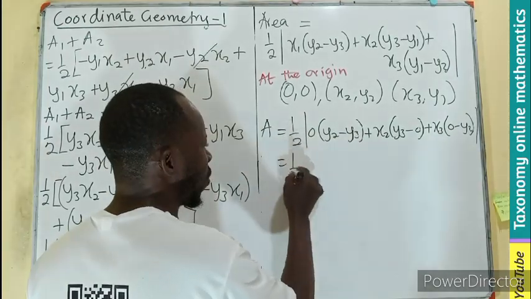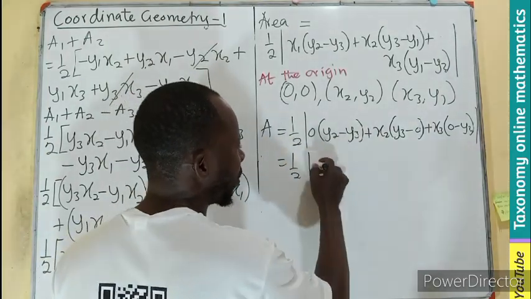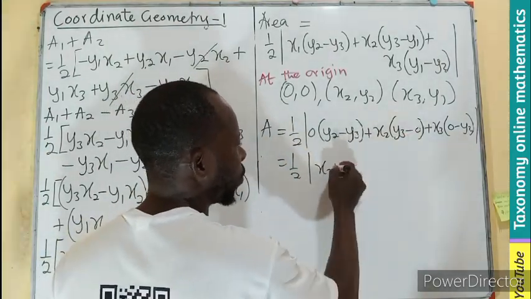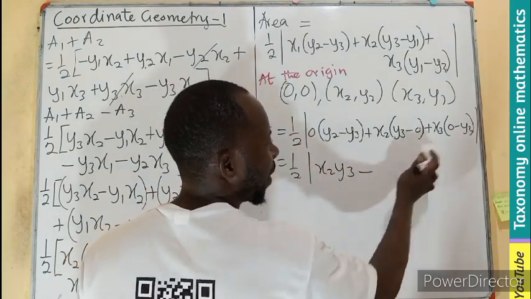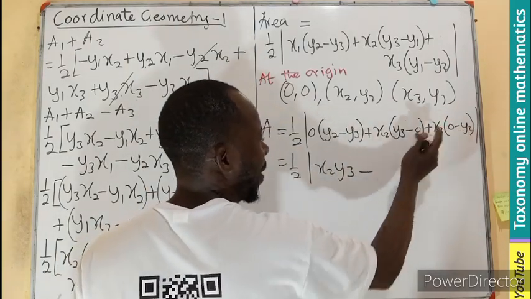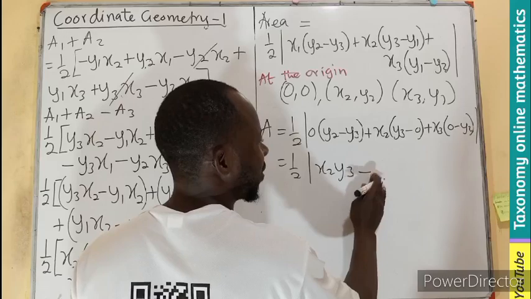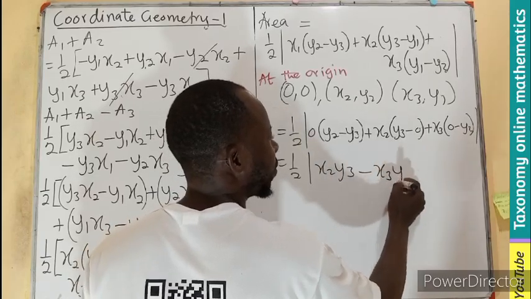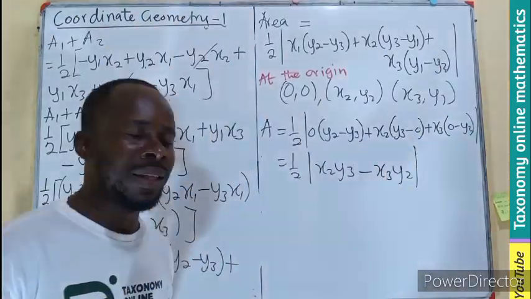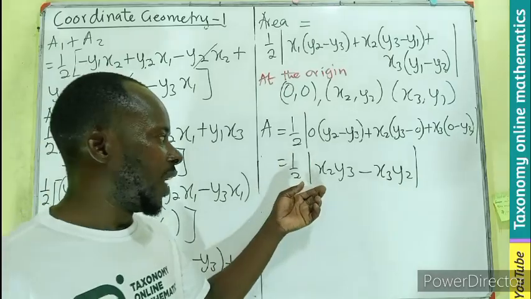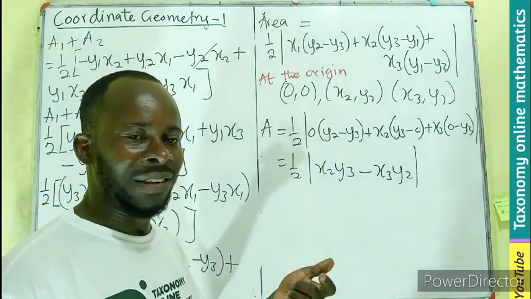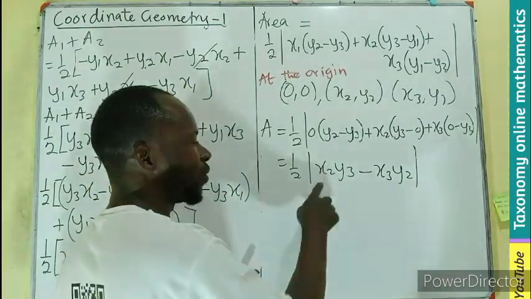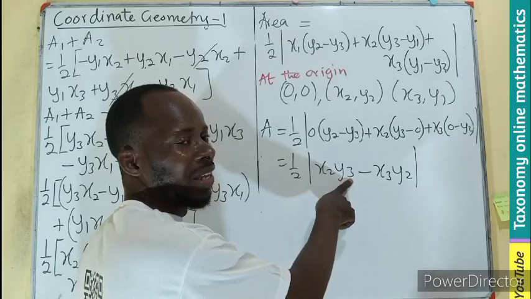So I'll be having 1 over 2 absolute value, x2 y3, this is going to be negative times this. So let me bring the x first. x3, y3, y2. So if I want to rewrite this nicely, this will be your x2.